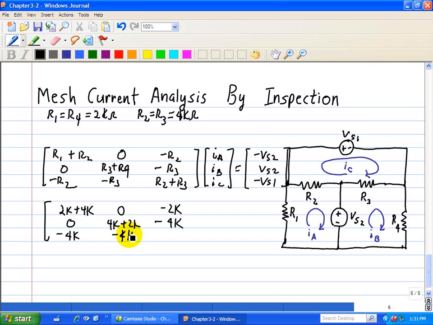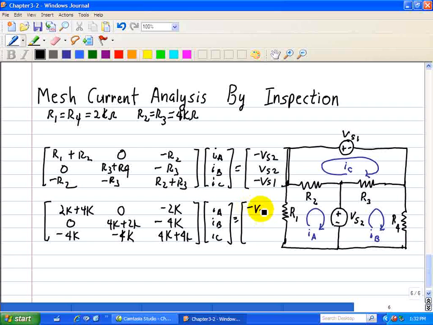And then finally we have R2 plus R3, so that's just 4K plus 4K. Multiplied by the vector of unknown mesh currents IA, IB, IC, which is equal to the voltage sources of minus VS2, plus VS2, and minus VS1.